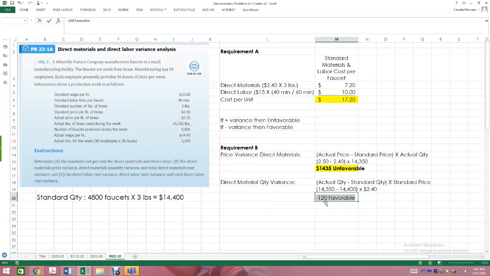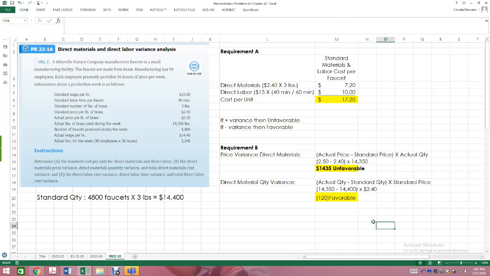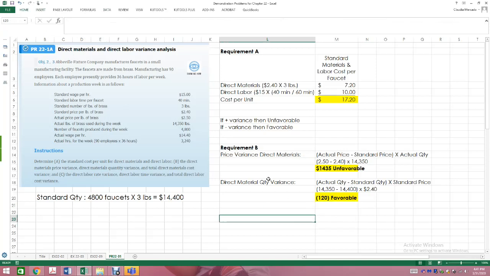So that is a favorable variance. Now for my negative, I'm going to put parentheses, because that way we don't confuse. So we have a favorable variance, okay? So that is my direct materials quantity variance.